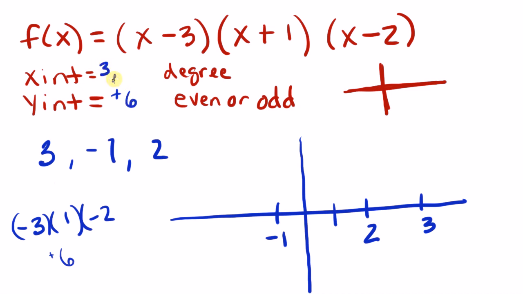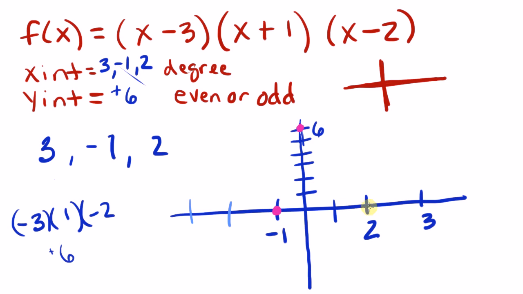Alright. So we got 1, 2, 3, 4, 5, 6. And that's pretty much it. So we got this one, -1, 2, and 3.